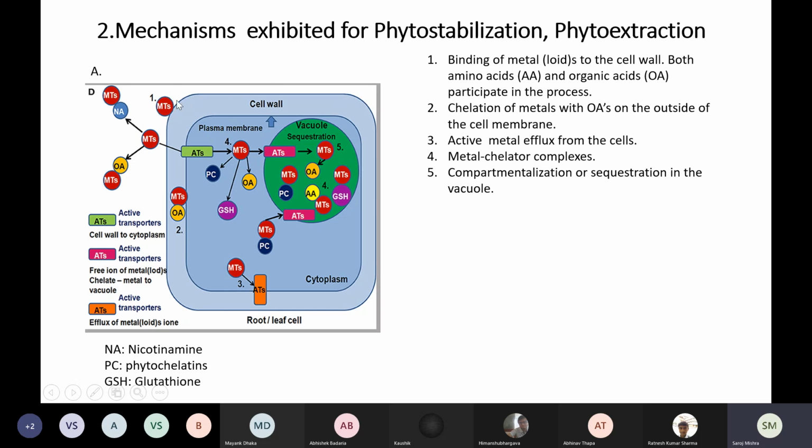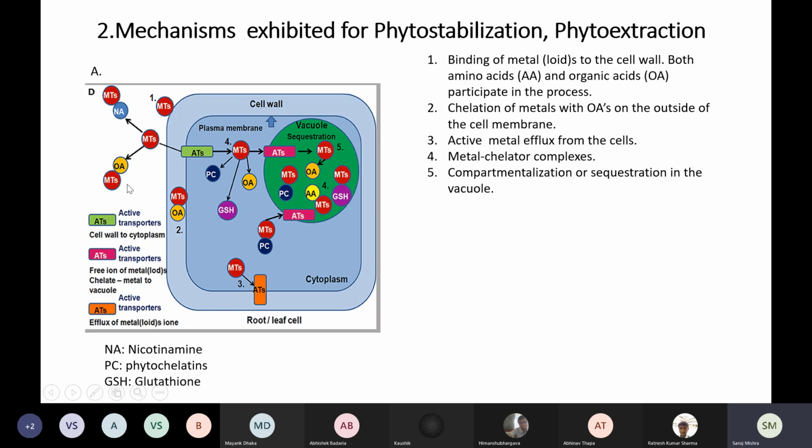All right. And how does it happen? It happens because of the presence of, for example, the organic acids which are constantly coming out of the root cell, because all root cells are going to give out what are called root exudates. That is organic acids, and NA stands for nicotianamine. So these are the compounds which are constantly being excreted out of the cell wall, that is the cell wall of a root cell.